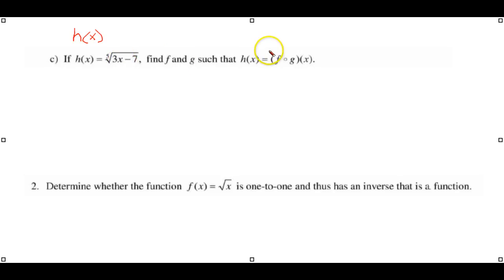What they're asking us to do here is to tease this apart, and what would it have been originally? Okay. So what we're looking for here, and it's F composed of G, so we're looking for an F function, and we're looking for a G function, that when F is composed of G, it becomes this.